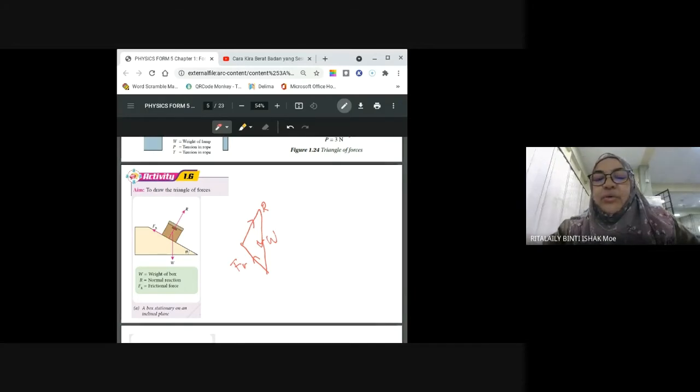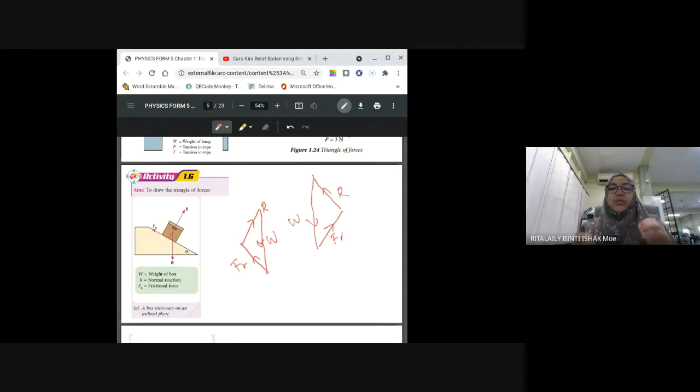Okay, so mungkin awak kata saya draw ni sebab saya dah tahu. Okay, tak juga. Okay, let's say we draw, ambil ni, pindah kat sini, and then this is W. So FR, R. Okay, you get the same cycle untuk triangle.